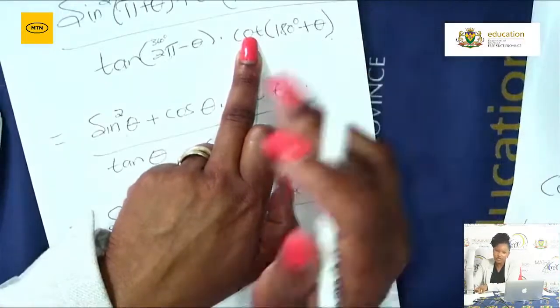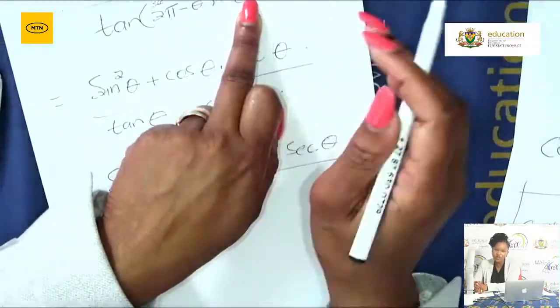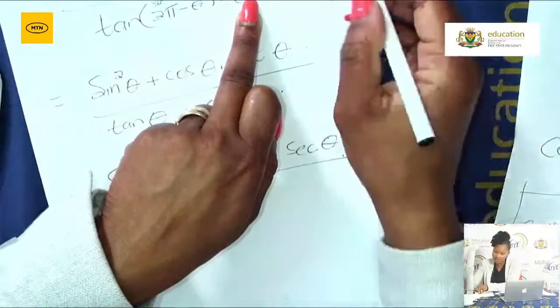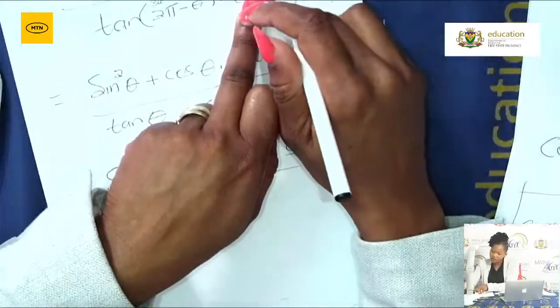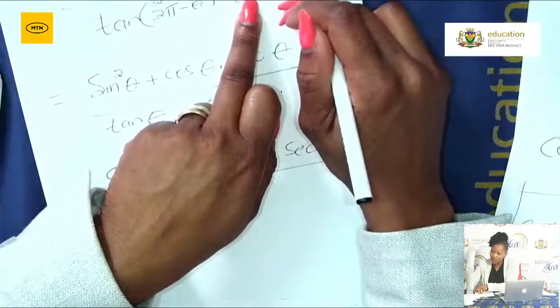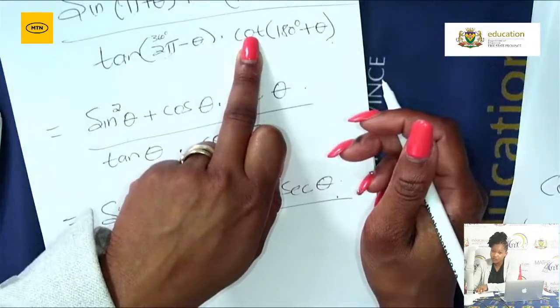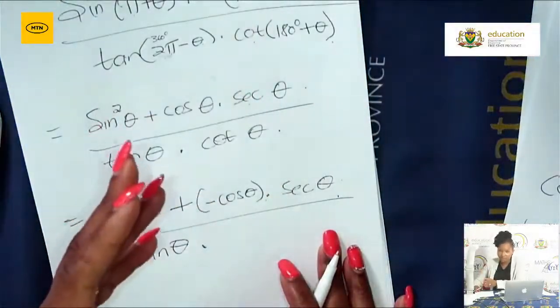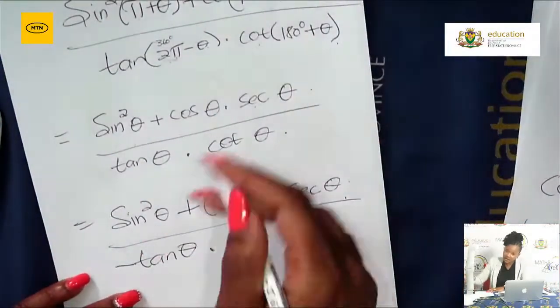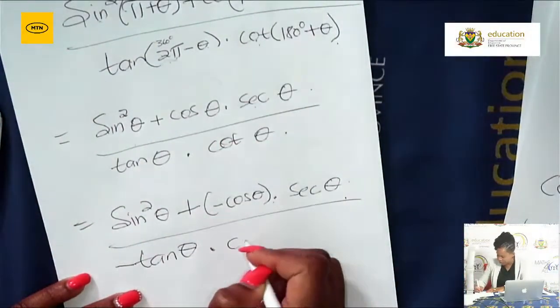We don't have cot in our calculator, but we know that cot is a reciprocal of tan. So in your calculator, you will press tan of 180 plus 1. Then your calculator will give you a number that is positive. Ignore the number. Now write cot as positive.